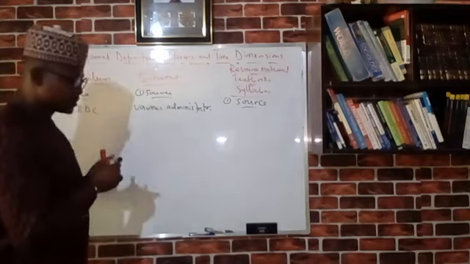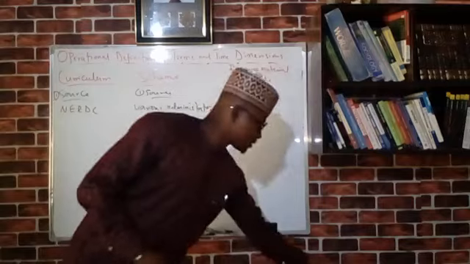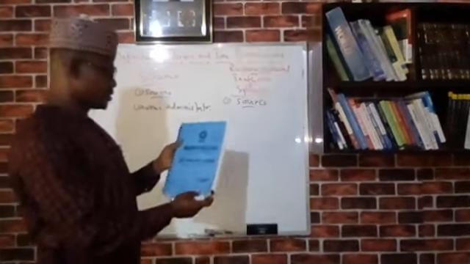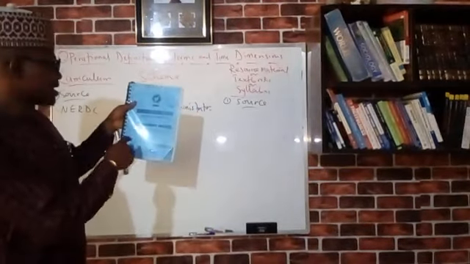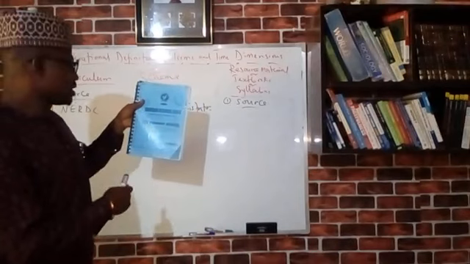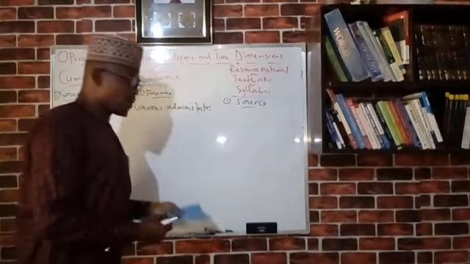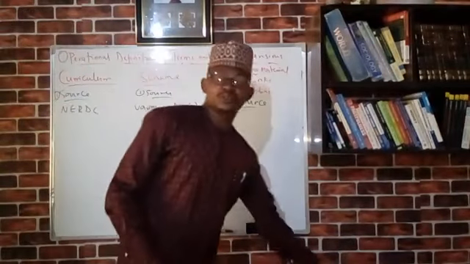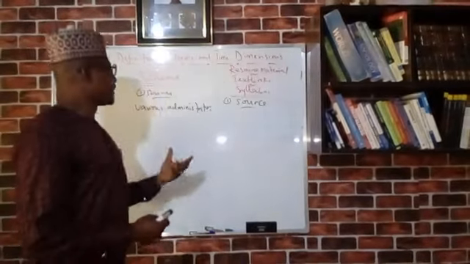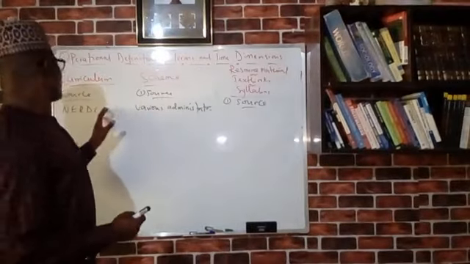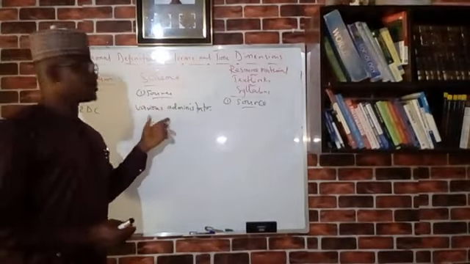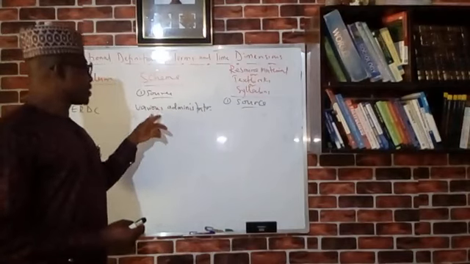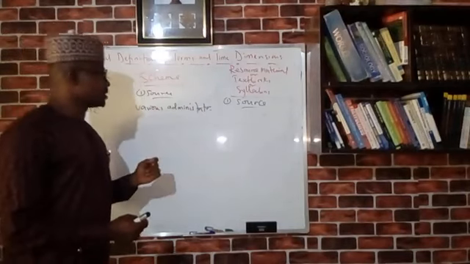For example, this one is from the Educational Resource Center, Federal Capital Territory, Abuja, right? While some states' Ministry of Education may help in breaking down the curriculum into scheme. So we'll still talk about what scheme is actually in detail.